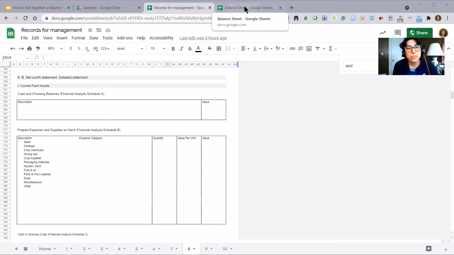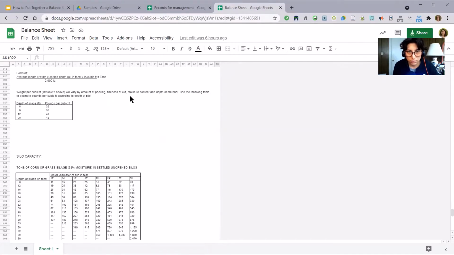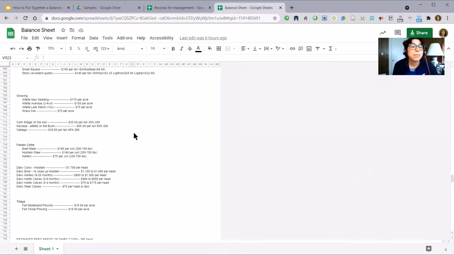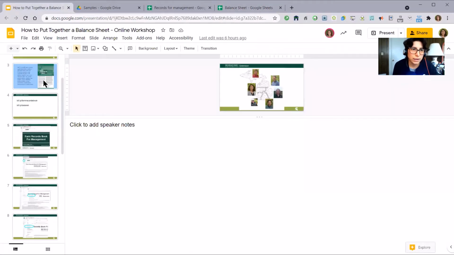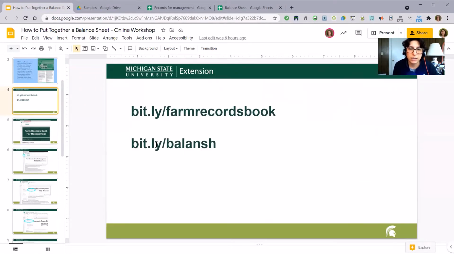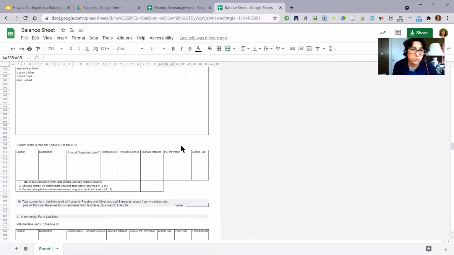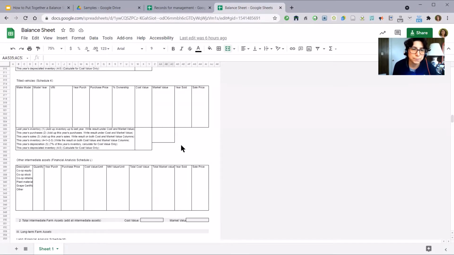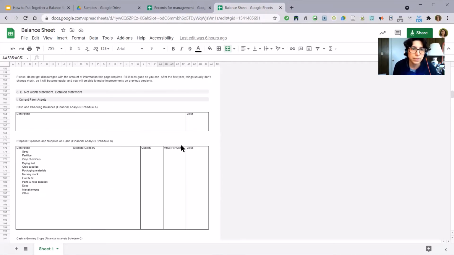I also wanted to show you this other file, which you access by going to this link. It's just the balance sheet. It's the same thing, but just the balance sheet part if you're not interested in the accounting records part, okay? All right.